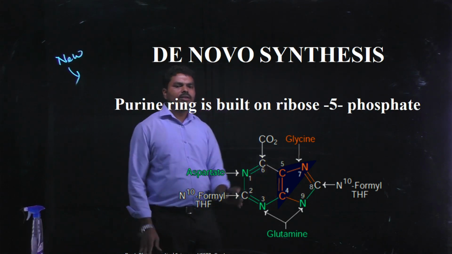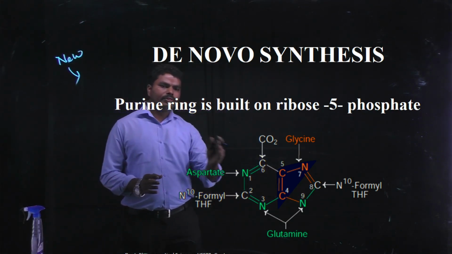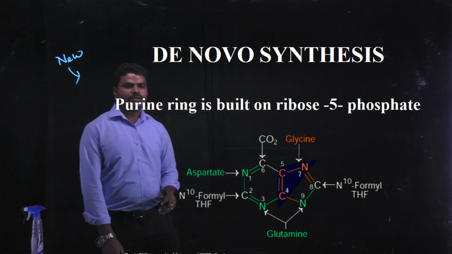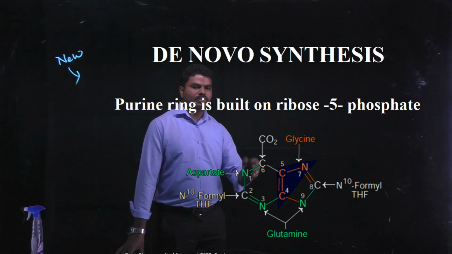So these are the compounds or substances that can contribute the different atoms which are present in the purine ring. Okay, so let us see how they are contributing in a sequential manner.